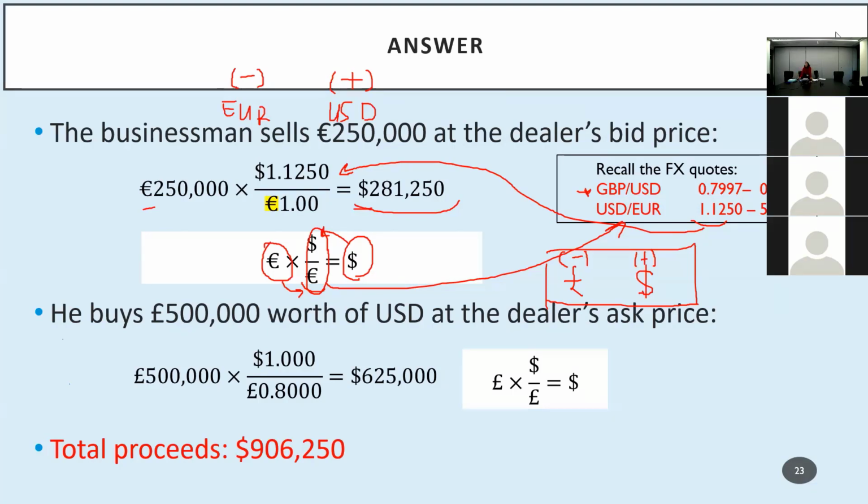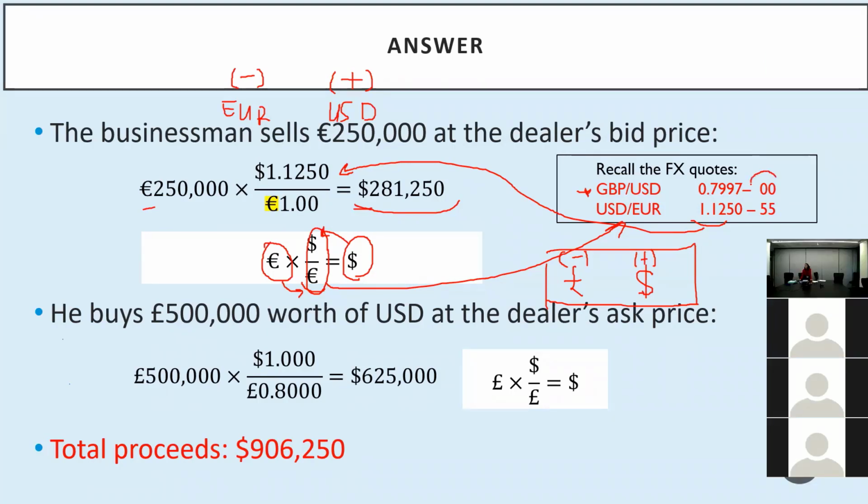Which is this one over here. So when we buy the USD as a client, we will be buying at the dealer's ask price, okay? So, which is here, okay?